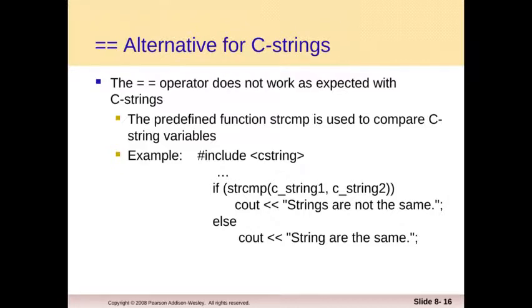That already is enough for strcmp. It returns that -1. Yeah? So if the first string comes before the second string in a dictionary ordering, then strcmp will return to us a -1.